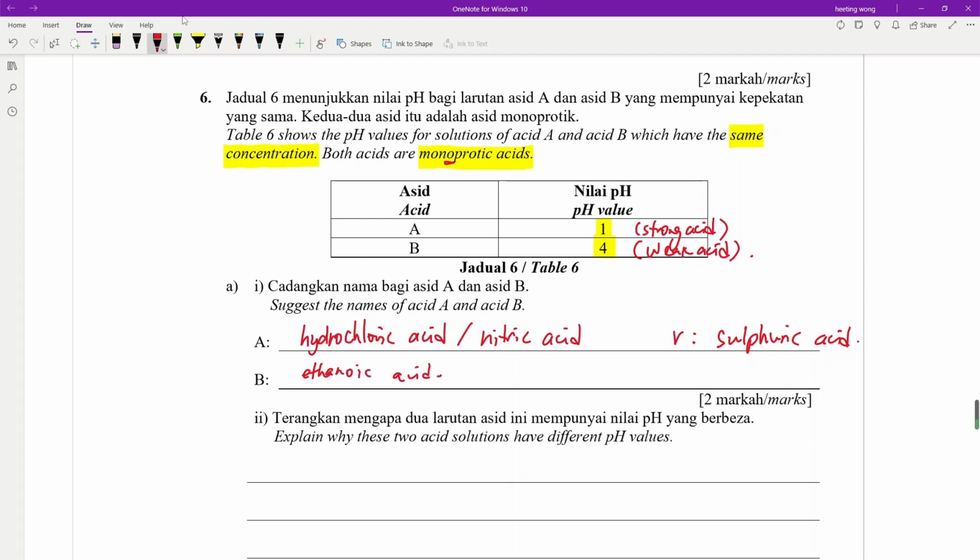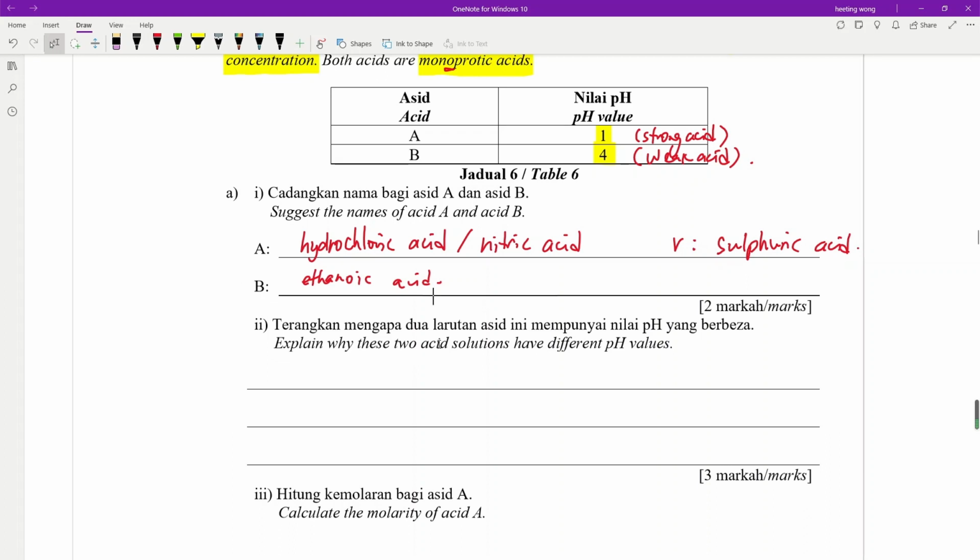Now, explain why these two acid solutions have different pH values. Here you just mention the definition. So acid A is a strong monoprotic acid, right?